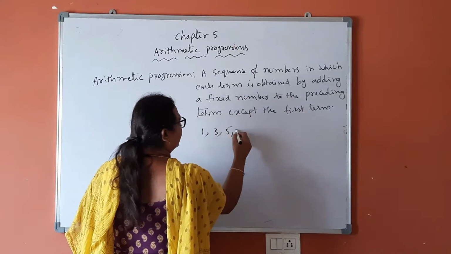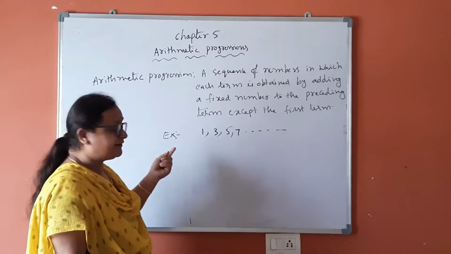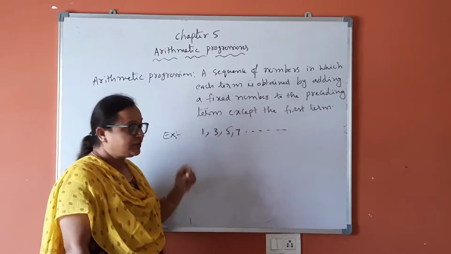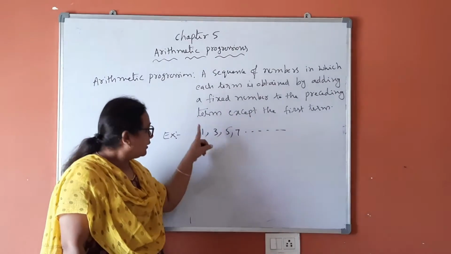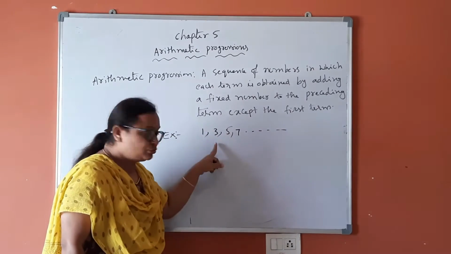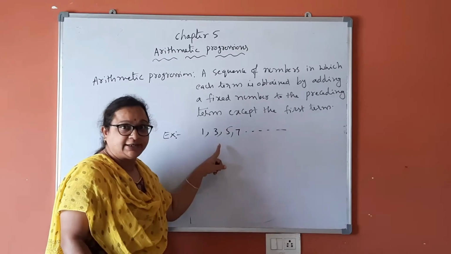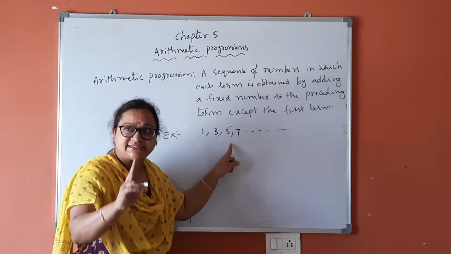Example: 1, 3, 5, 7 and so on. Here, what is the first term? 1. Second term 3, so by adding 2, 1 plus 2 is 3. By adding 2 to the second term, we are getting the third term, that is 5.